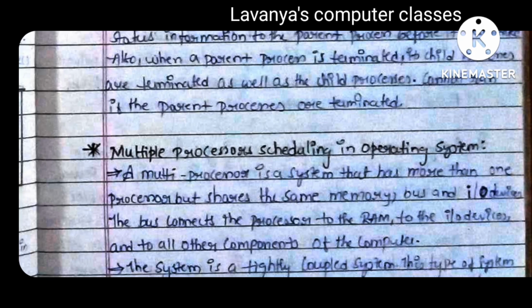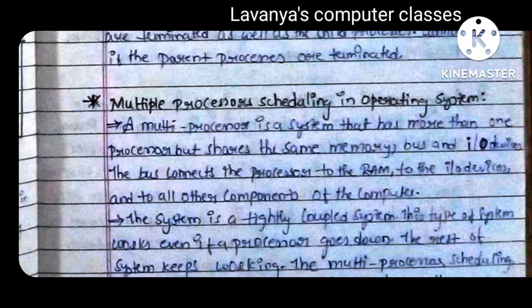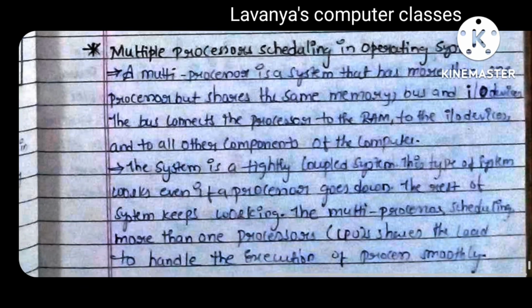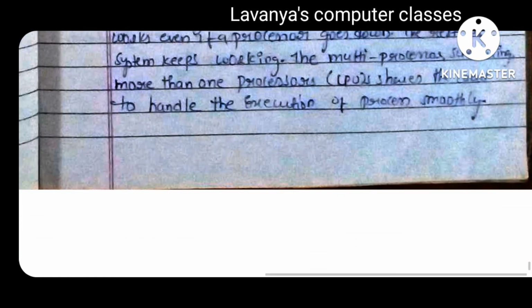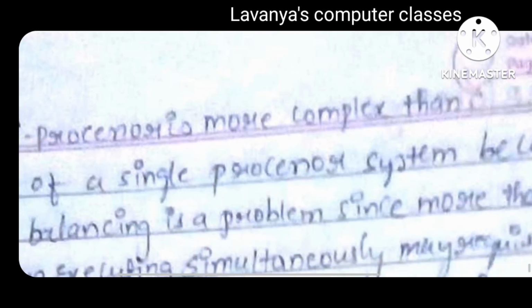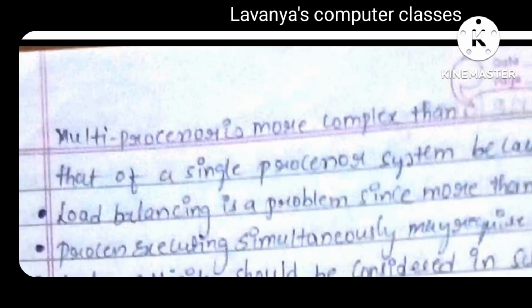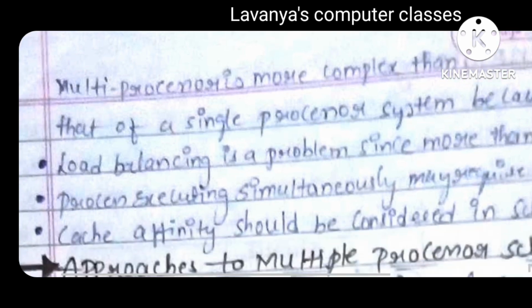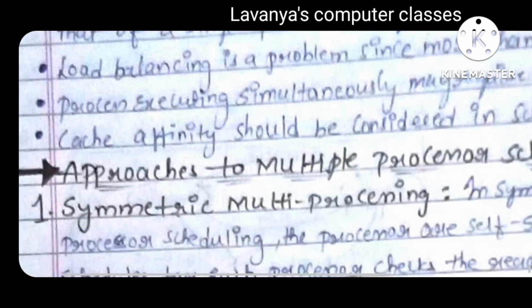Multiple processor scheduling in OS. Multiple processor scheduling is more complex than single processor systems.